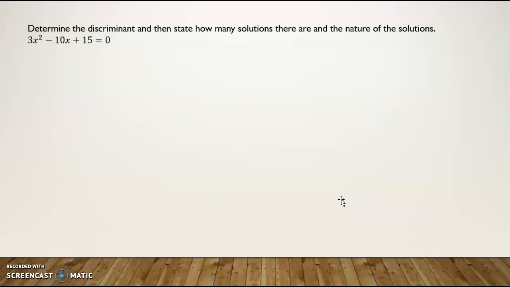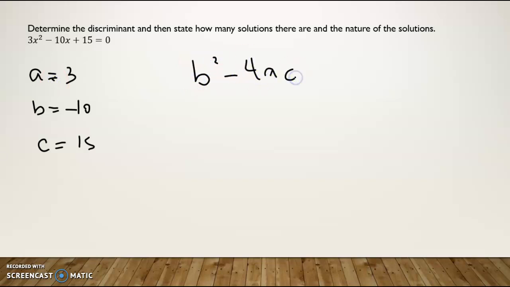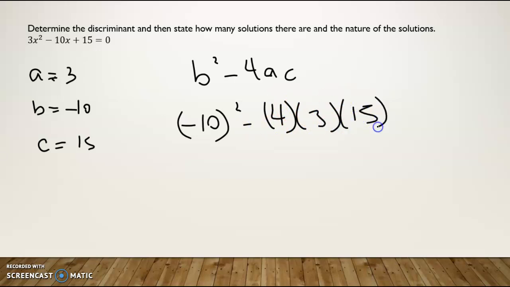Okay, let's look at this one. We'll identify our A, B, and C. Our A is 3, our B is -10, and our C is 15. So B squared minus 4AC. So -10 squared minus 4 times 3 times 15. -10 squared will be 100 minus, so that comes out to 180.